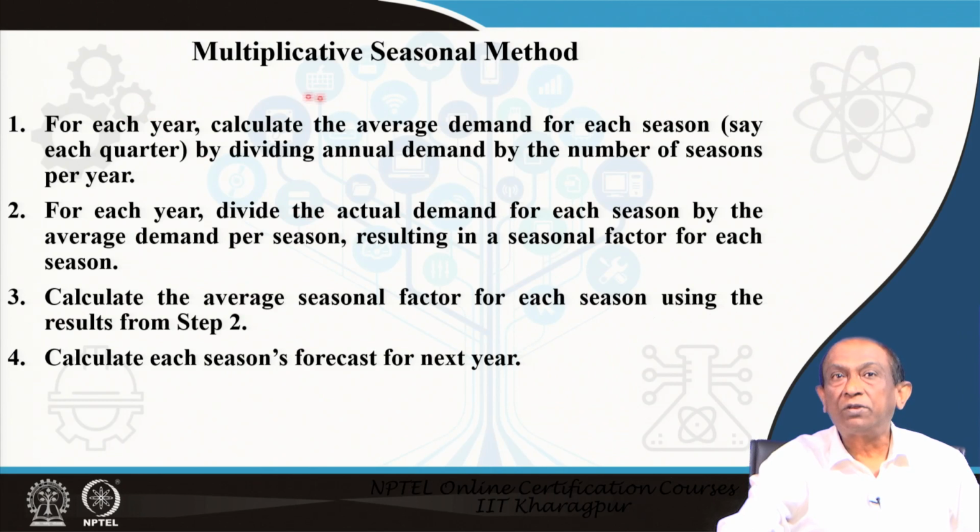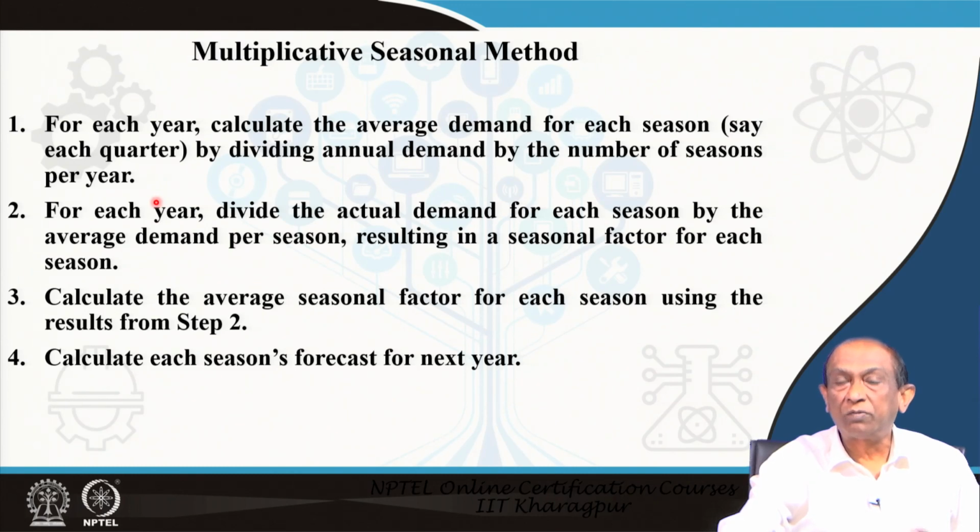So, in the multiplicative seasonal method, for each year, first we calculate the average demand for each season. Say the season is by quarter. So, for each year, we will calculate the average demand for each season, say each quarter, by dividing the annual demand by the number of seasons per year.